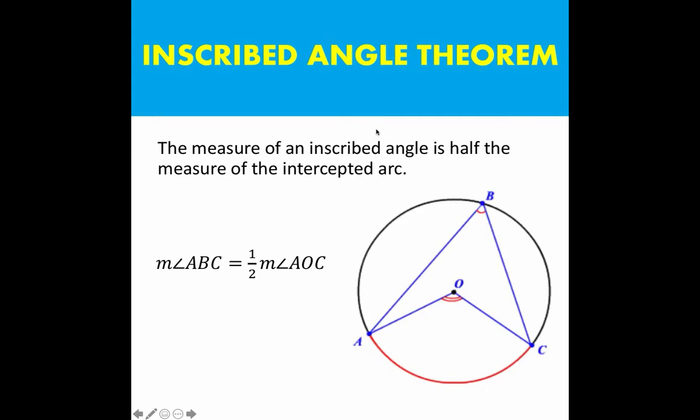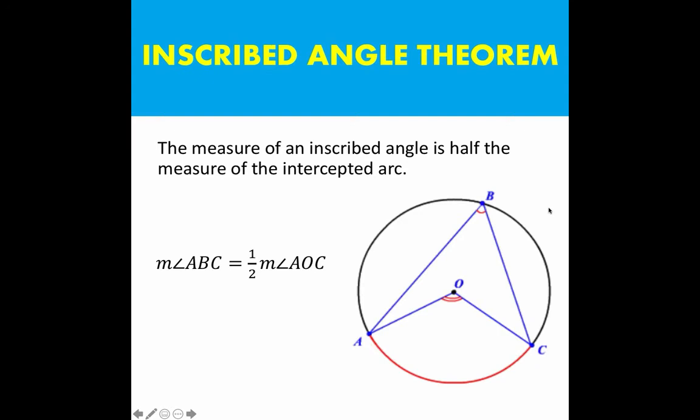And the inscribed angle theorem says that the measure of this inscribed angle is 1/2 the measure of the central angle AOC. In words, the measure of an inscribed angle is half the measure of the intercepted arc. In our case, the measure of the intercepted arc AC is equal to the measure of the central angle AOC.